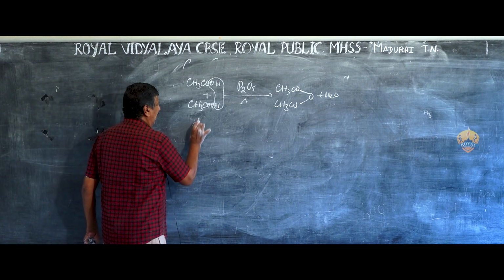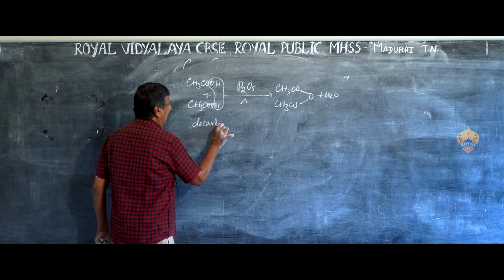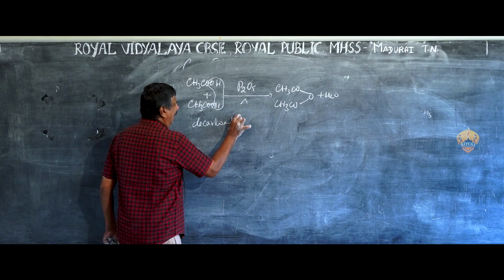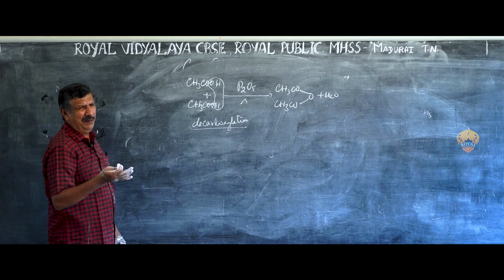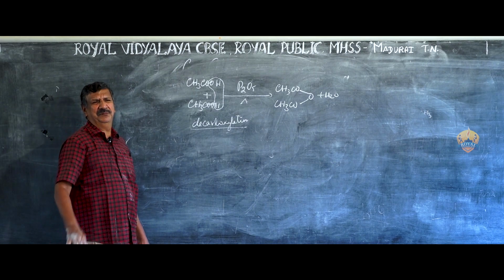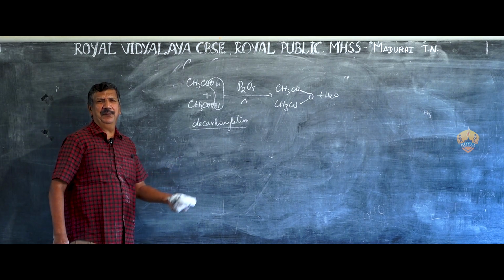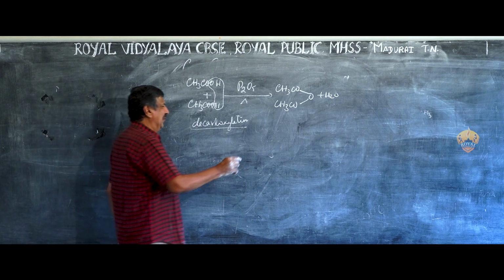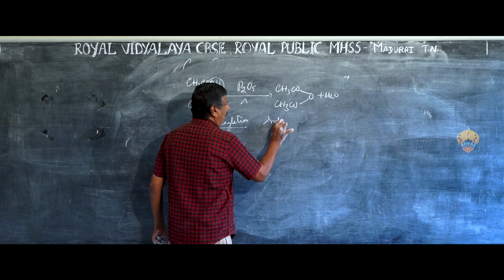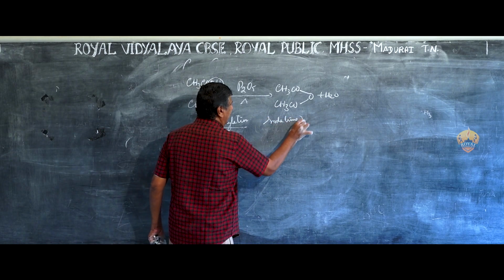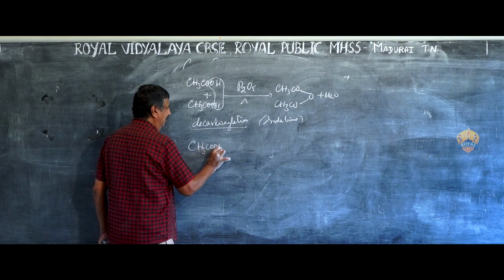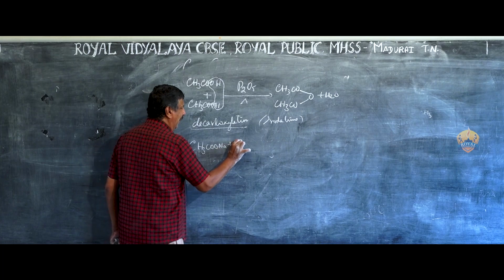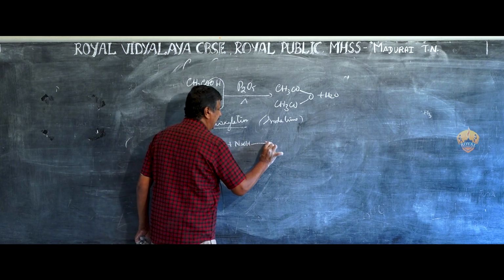Next one, decarboxylation. I already told you in the general reactions. What is decarboxylation? Removing the acid group using soda lime. You should use this reagent for decarboxylation. You take any sodium salt and treat with sodium hydroxide and calcium oxide.